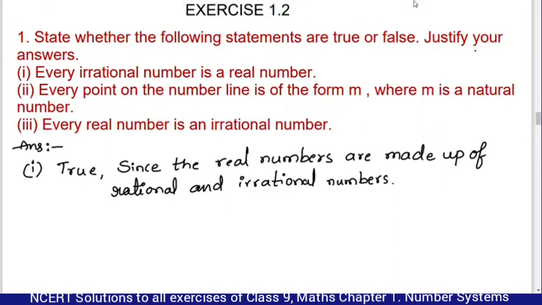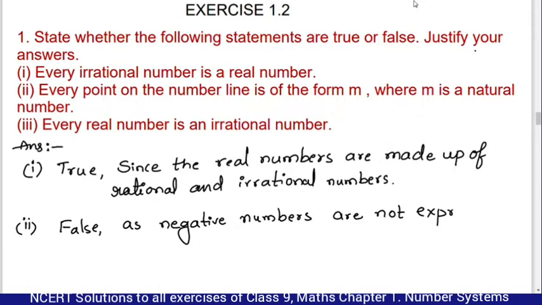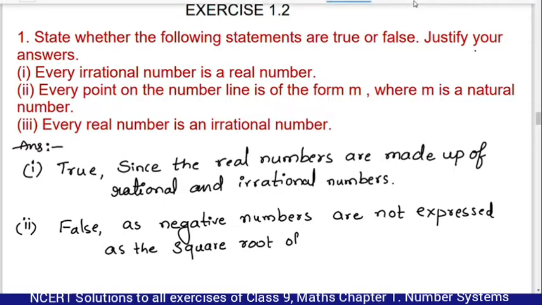Second one, every point on the number line is of the form square root of m, where m is a natural number. Answer is false, as negative numbers are not expressed as the square root of any other number.